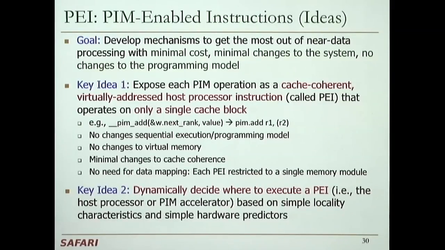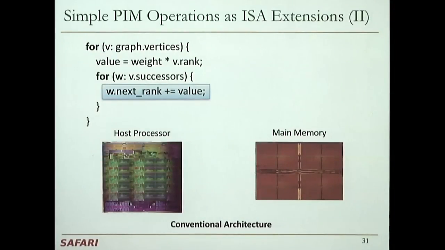So if, for example, all the arguments of the instruction are in the cache, basically the cache block is in the cache, then execute that in the processor. Otherwise, maybe execute it in memory, right? Of course, you can have more sophisticated predictors looking further in the program, but this is just to give you an idea of the design decisions that you may need to make in a system like this.